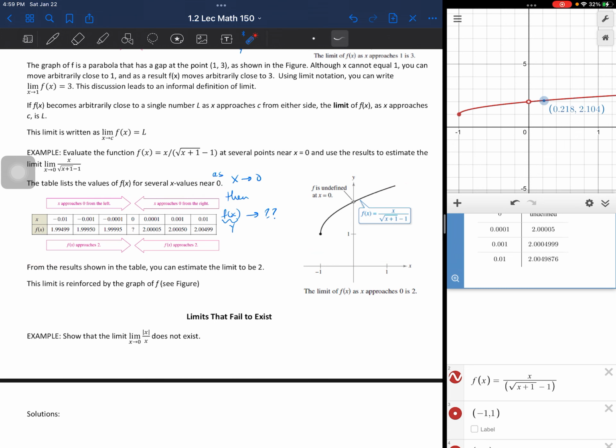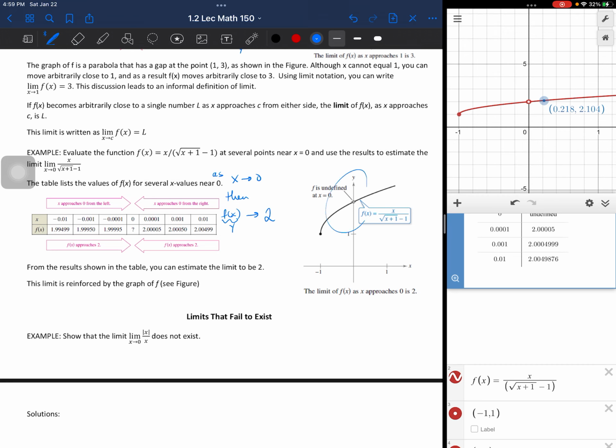The numbers you plug in are numbers that are getting closer and closer to 0. So you're trying to mimic this. Your x is approaching 0 from left and right, and you notice that f of x is approaching 2 in both cases. So what we're going to say here is that as x approaches 0, the value of the function is approaching 2.